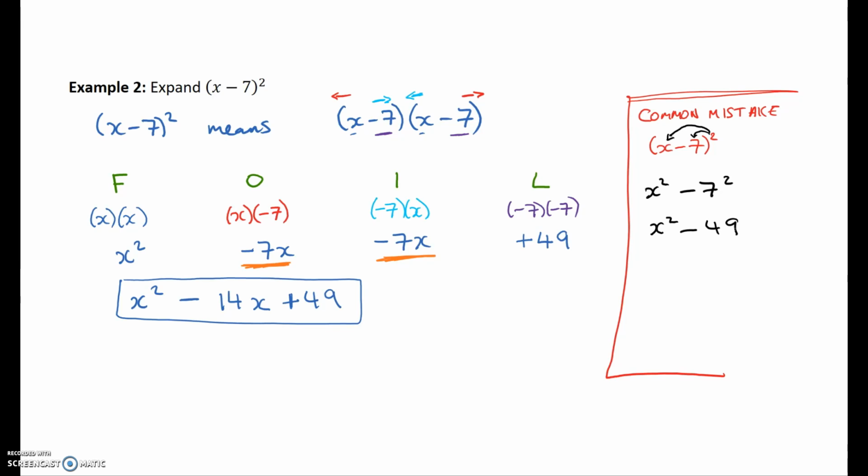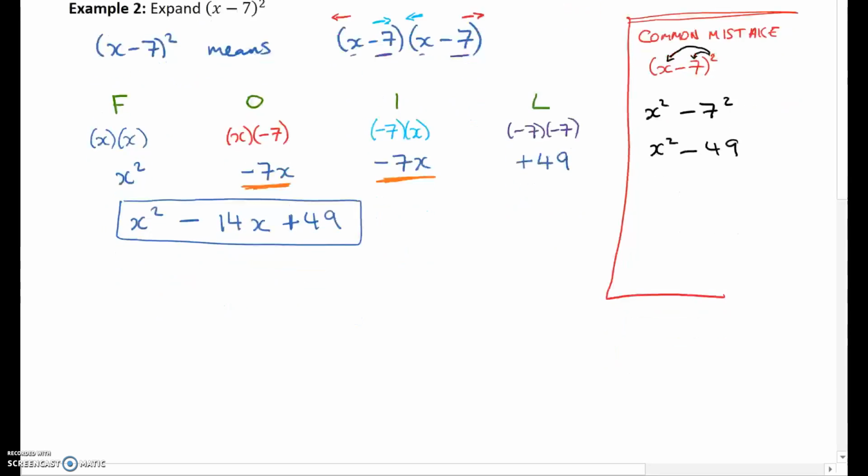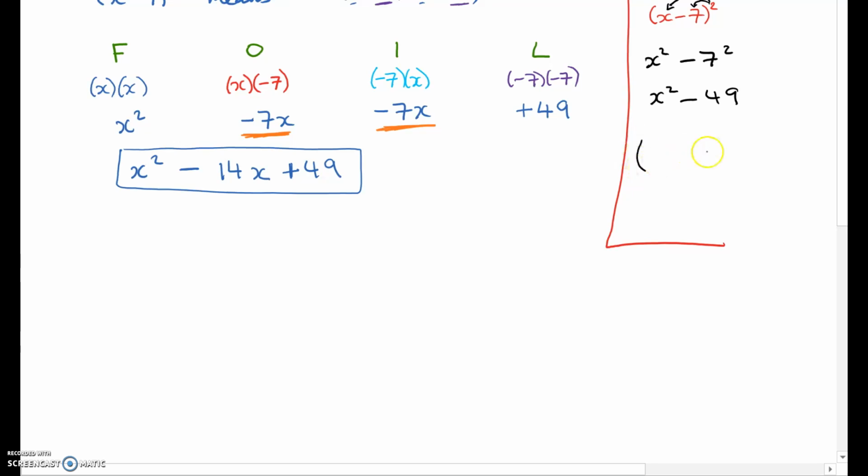You are not allowed to distribute a power into any parentheses that includes a plus or a minus. So if your parentheses includes addition or subtraction, you are not allowed to distribute the power.